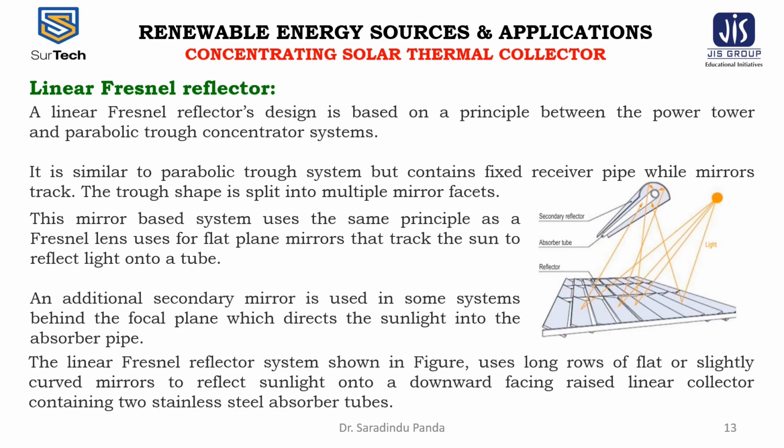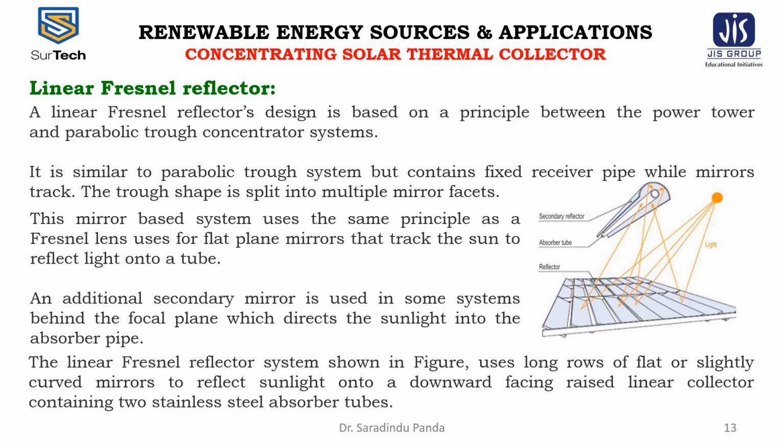A linear Fresnel reflector's design is based on a principle between the power tower and the parabolic trough concentrator system. It is similar to the parabolic trough system but contains a fixed receiver pipe while the mirrors track. The trough shape is split into multiple mirror facets.